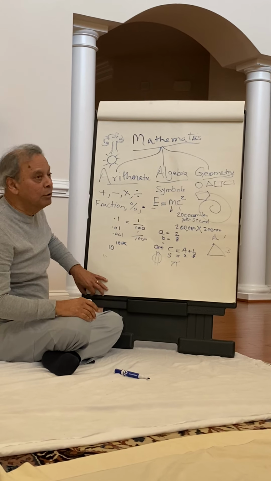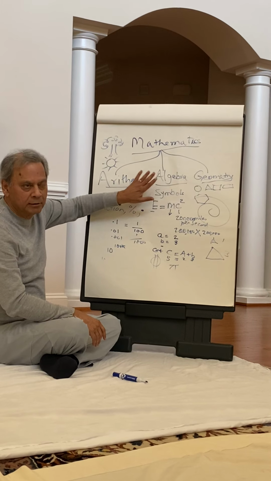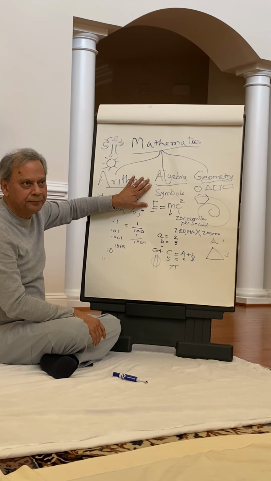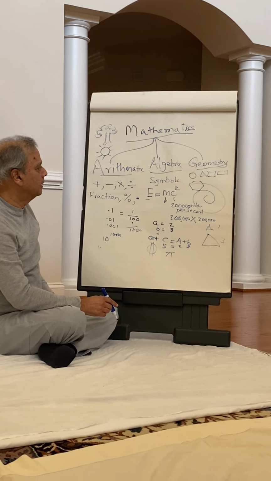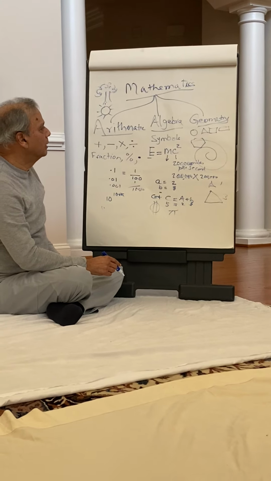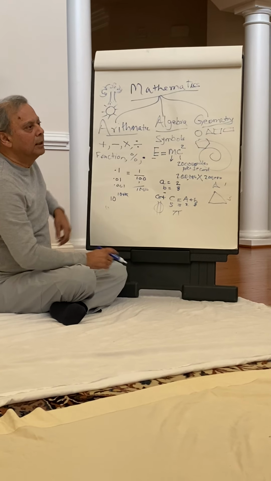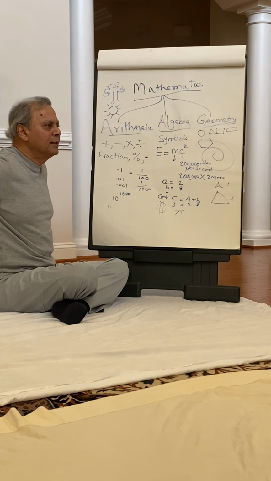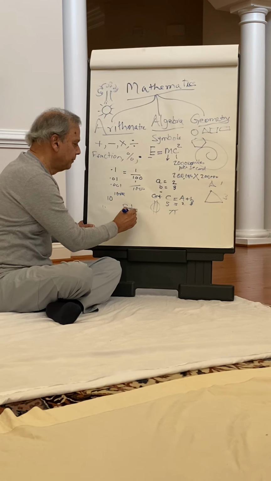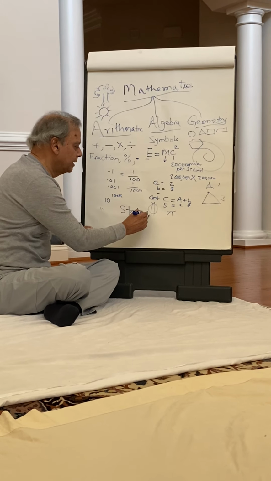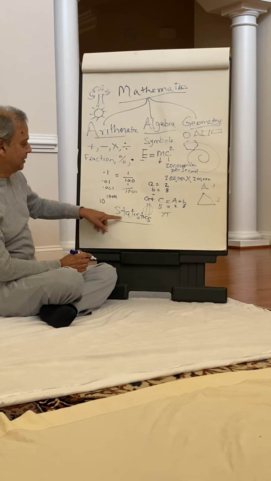But there are 1 or 2 other parts of math which people don't include here yet. For example, there is a 4th one called statistics.